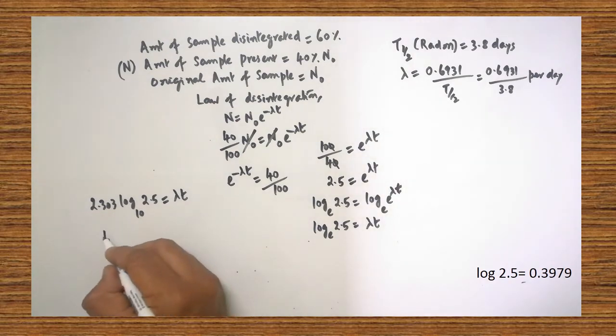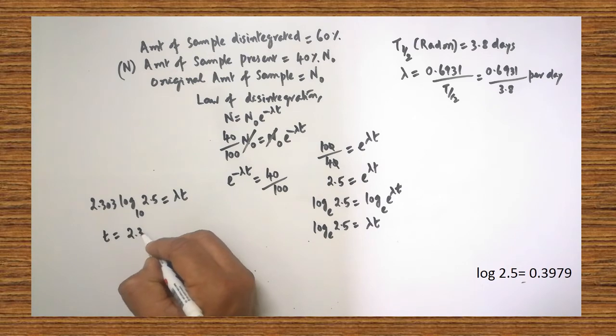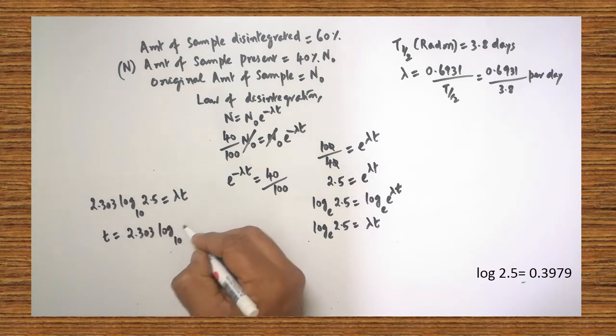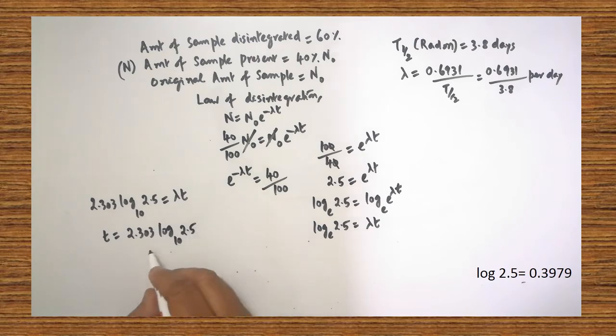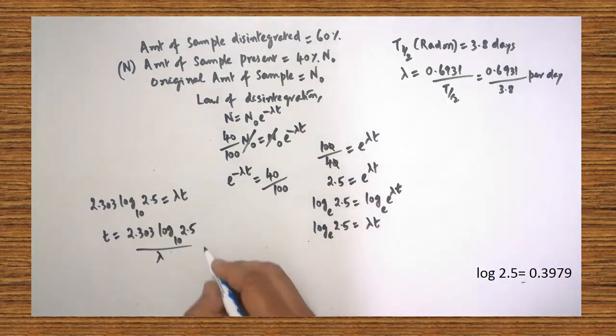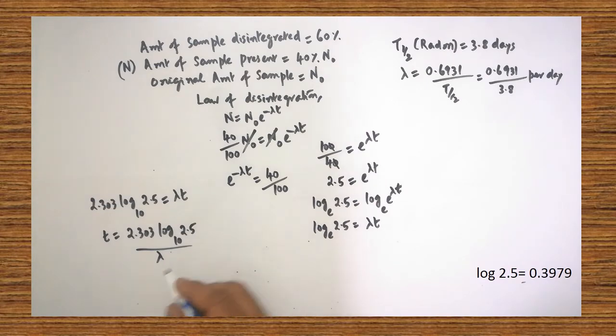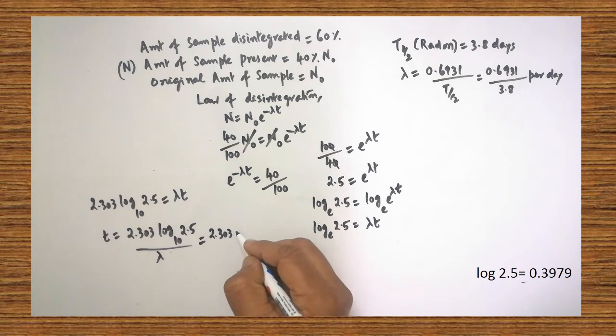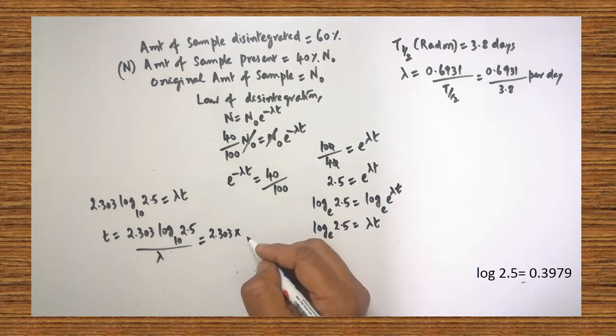T is required. So T is equal to 2.303 log to the base 10 of 2.5 whole divided by lambda. Already lambda is found out. Are you clear? In the next step, 2.303 log to the base 10 of 2.5.